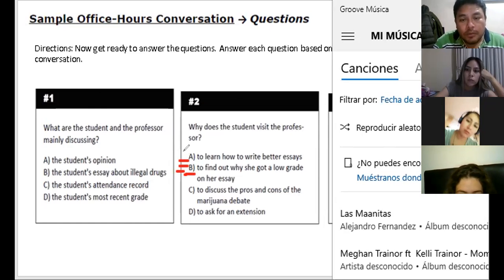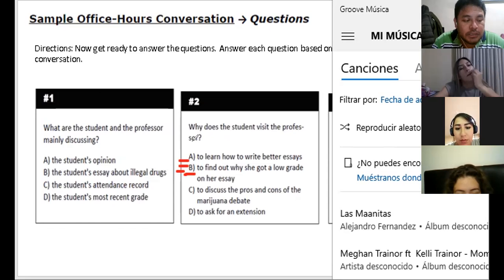Okay. So here it says, A, to learn how to write better essays. No, that wasn't the purpose. The professor was explaining how to develop her essay, but she was only giving advice on how to increase or develop it.